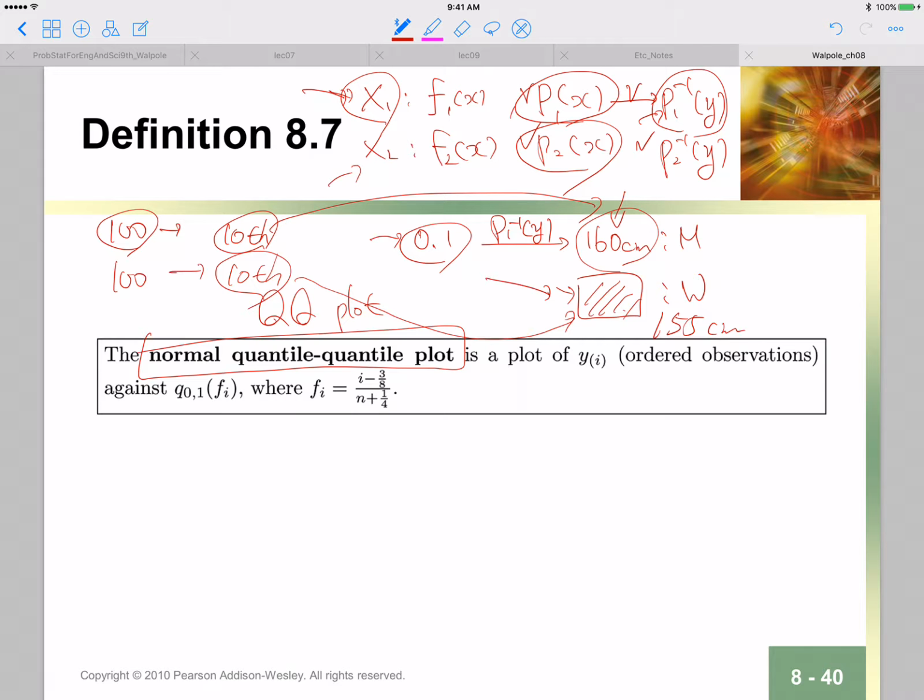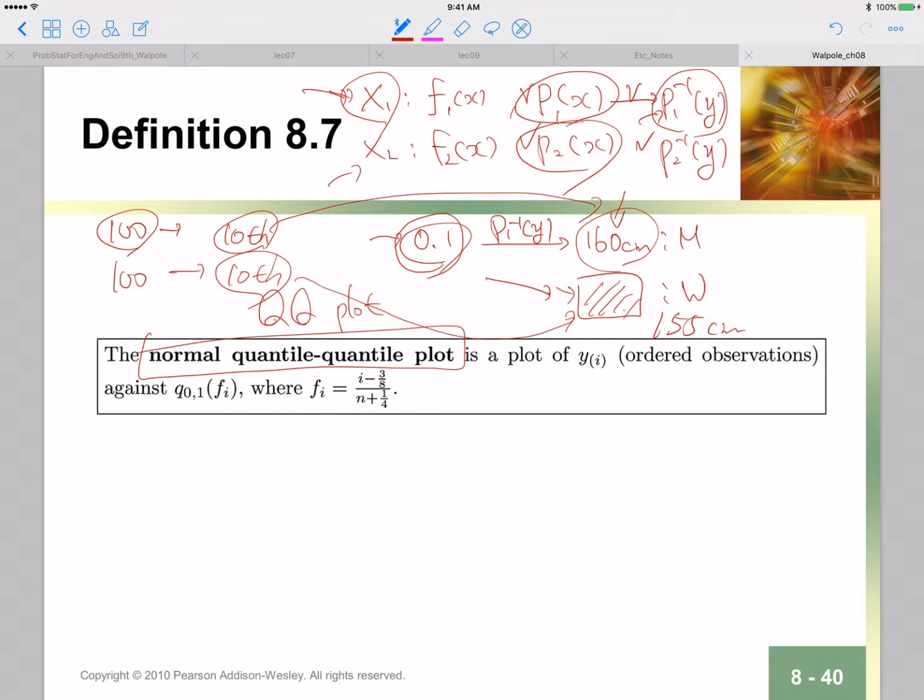Okay, so from this mapping, we mapped the exact same probability value into the corresponding x value for the two different random variables x1 and x2.